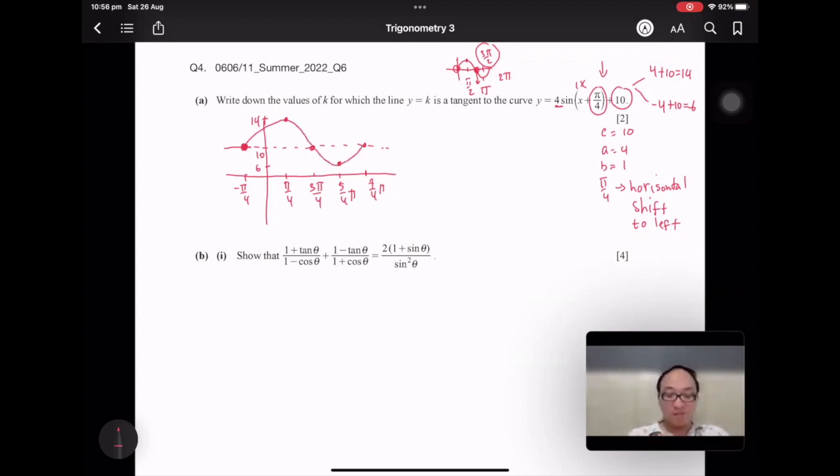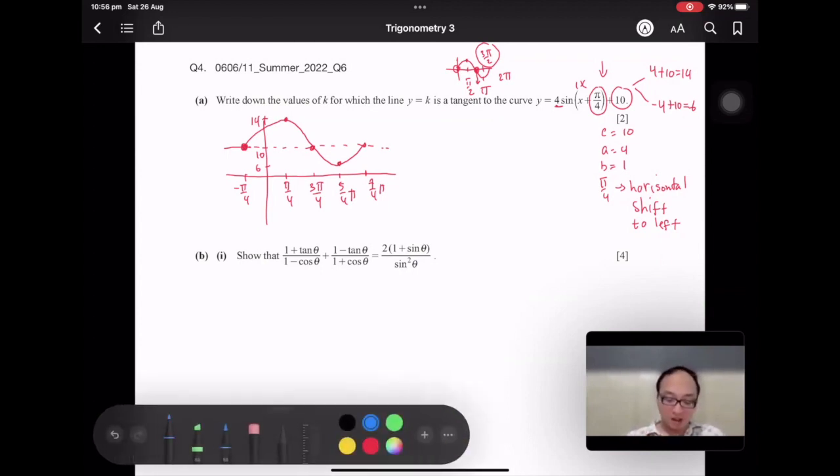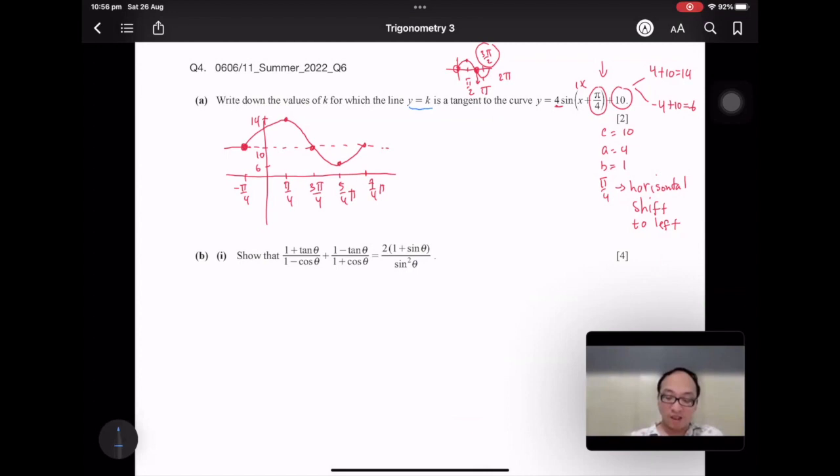Yeah. Now, the tangent line y equals k is a horizontal line, and it should touch the curve only at one point. So that means it can be here. Yeah, it touches the curve at one point.